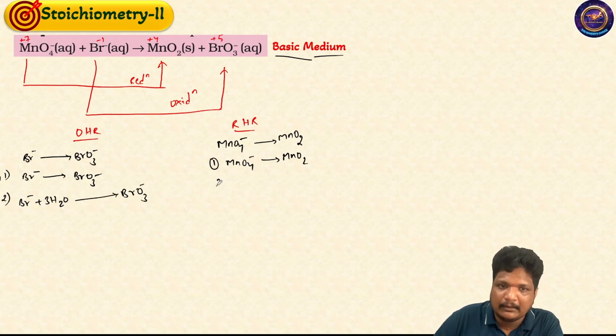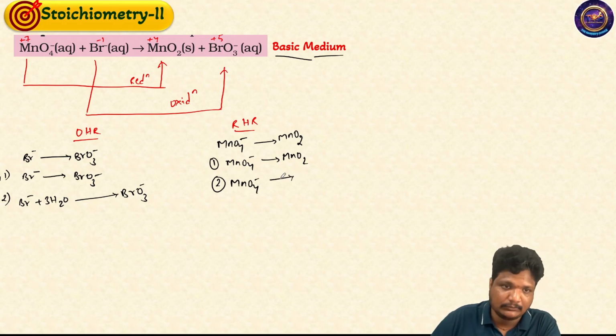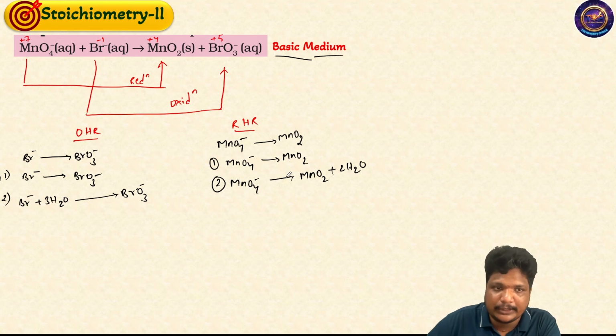Here, 4 oxygens on the left and 2 oxygens on the right, so you have to add 2 H2O on the right side. MnO4 minus gives rise to MnO2 plus 2H2O. So oxygen atoms are balanced.